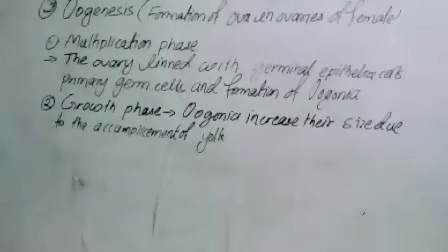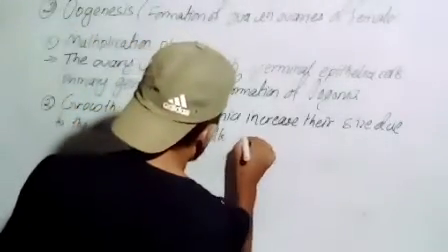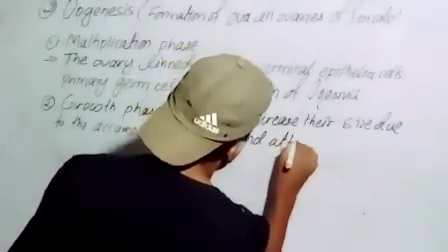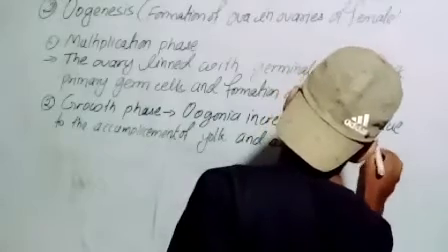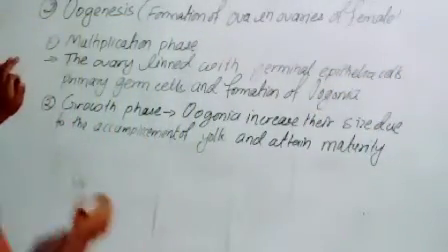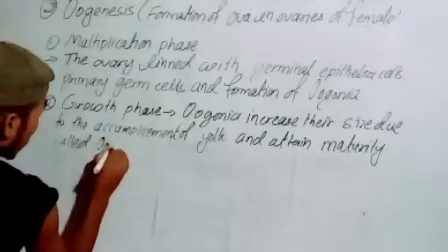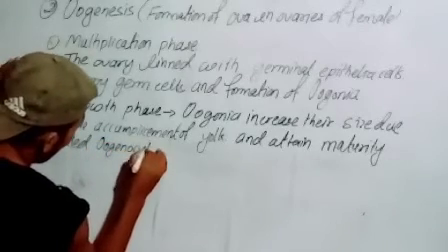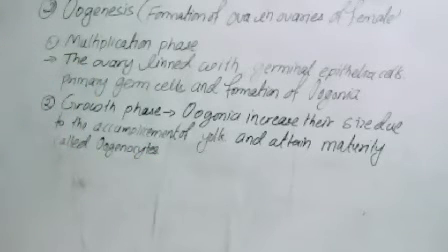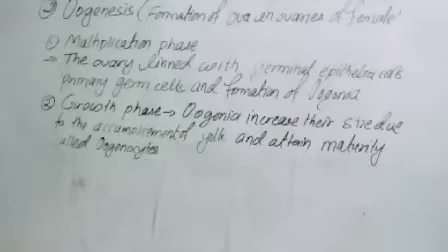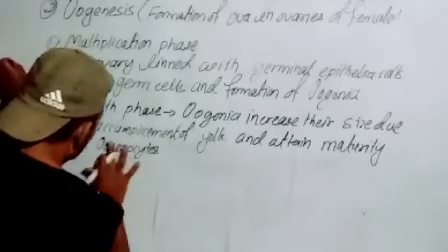Okay, and they also take maturity. They have a defined size of cell and attain maturity with a defined shape, that is called oogonocyte, or oocyte.